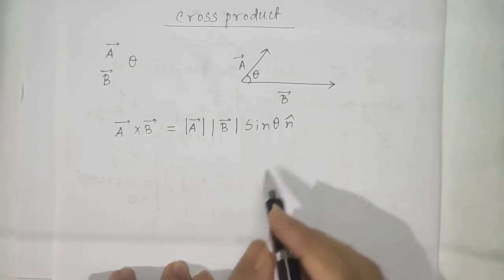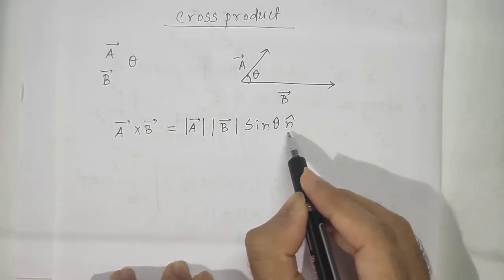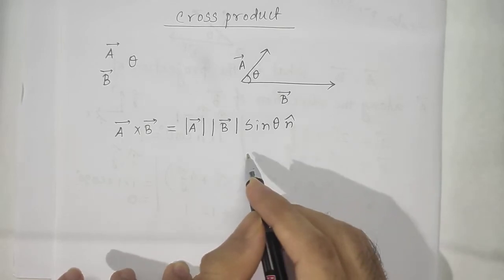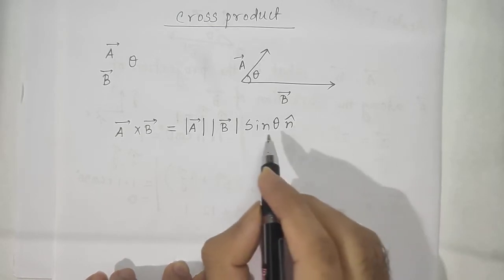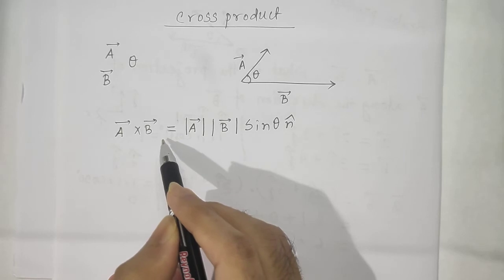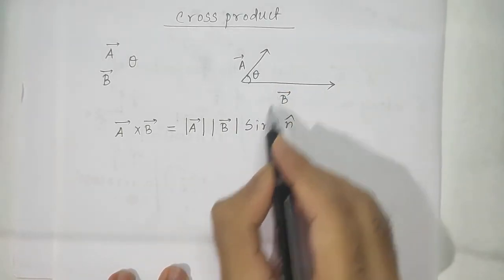Okay, as you can see, this n cap is a unit vector, right? So what is the direction of this? So let's find out. So we have calculated that this is A cross B, so A vector cross B vector.